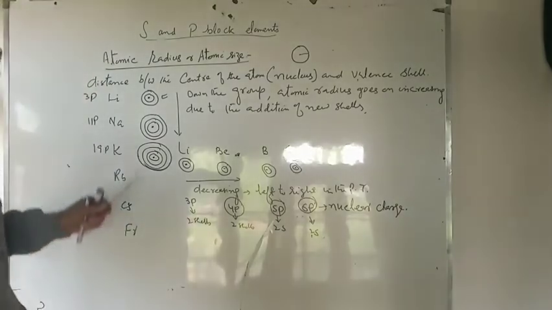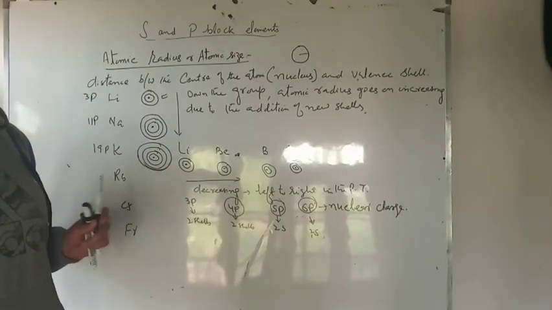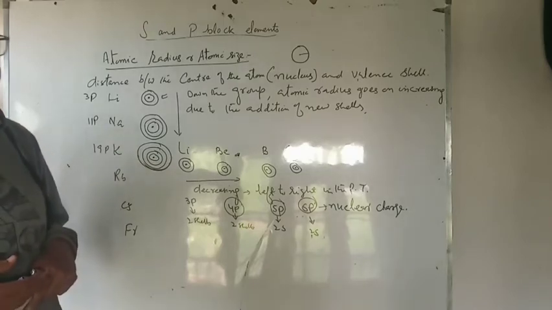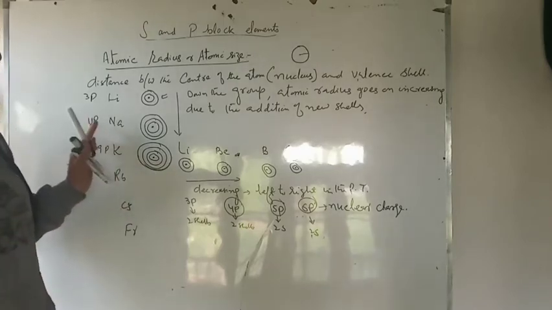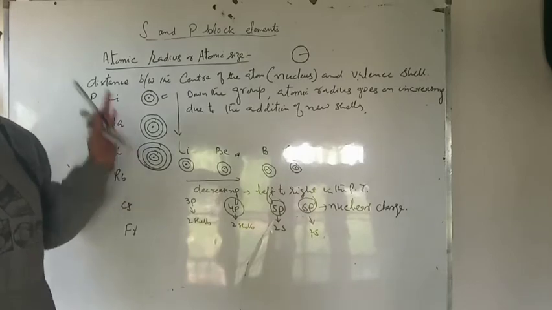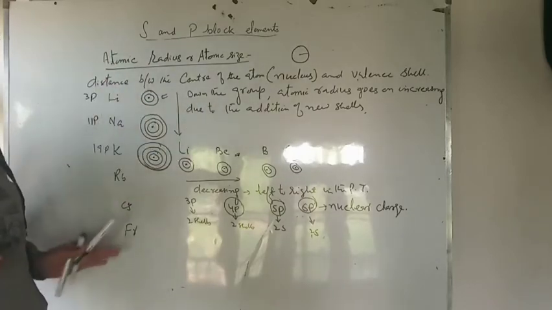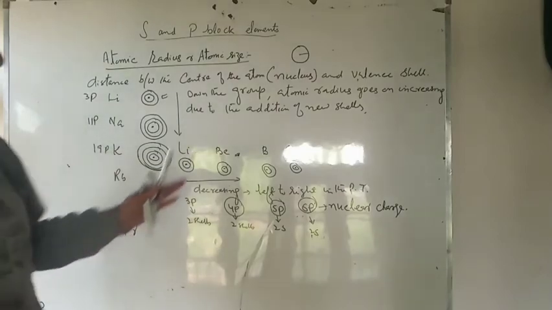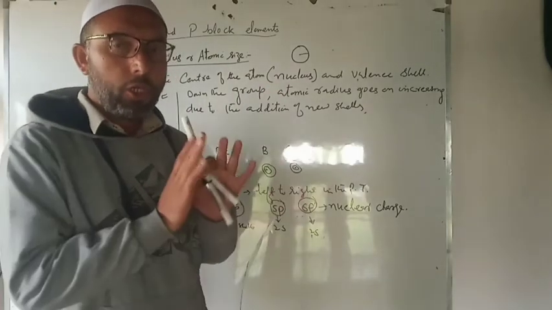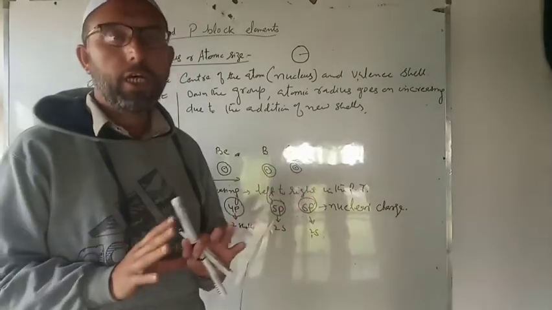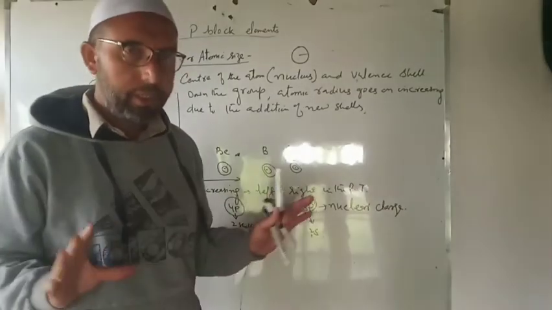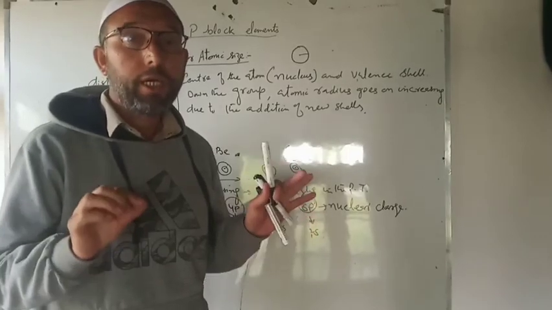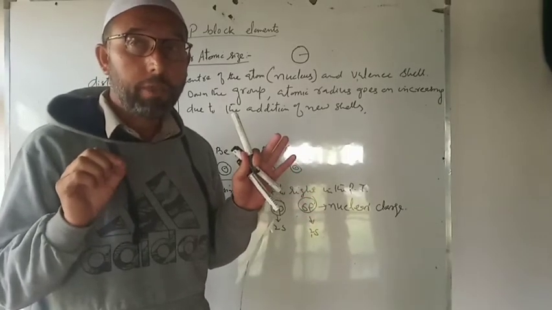That means the effect of addition of new shells is more prominent than the increase in the nuclear charge. So you might have understood what happens to atomic size along a period and along a group. In every group, whether it may be s block elements or p block elements, you will observe that the size of the atoms always goes on increasing because of the increase in the number of shells.